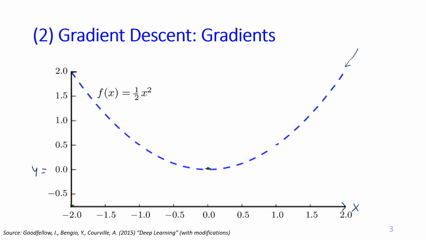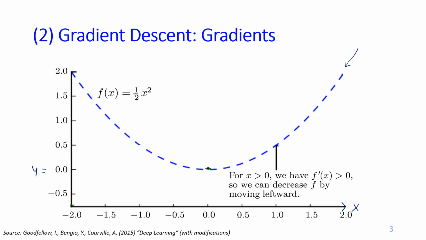So here's the function of half x squared, and let's take a look at the point x equals 1. Here we have the gradient at this point, which is positive.